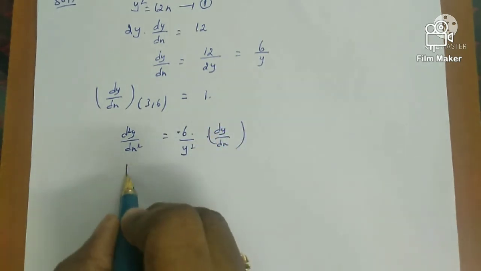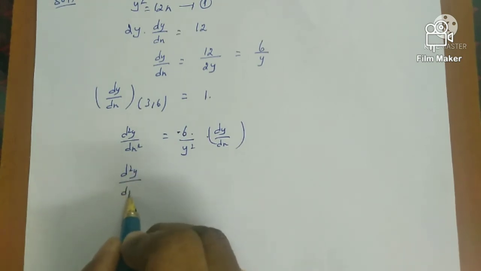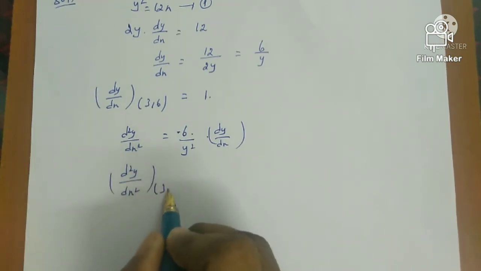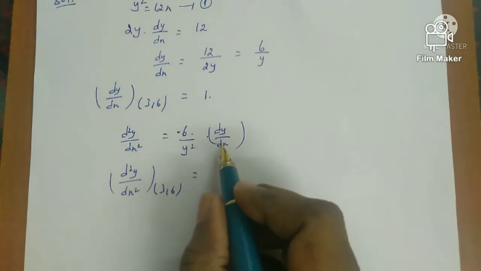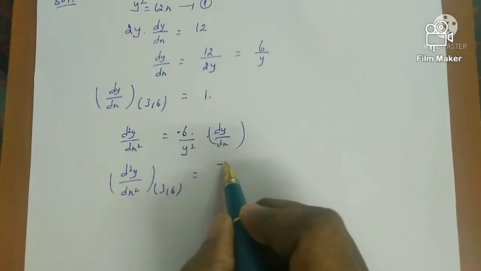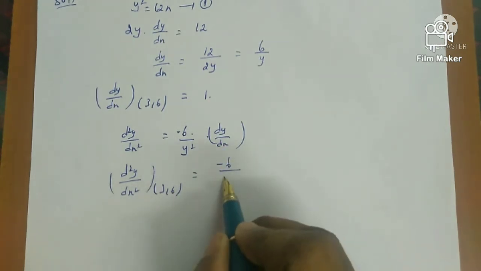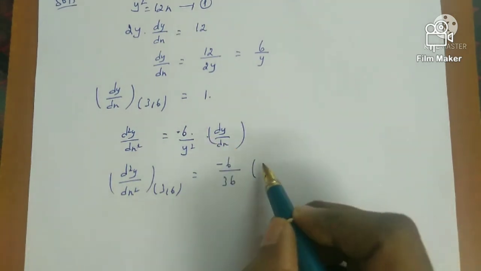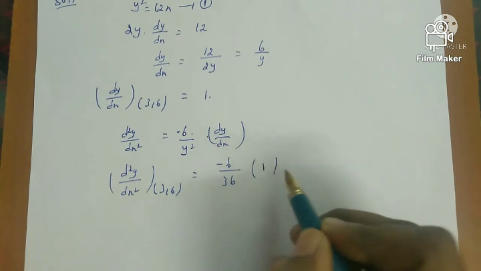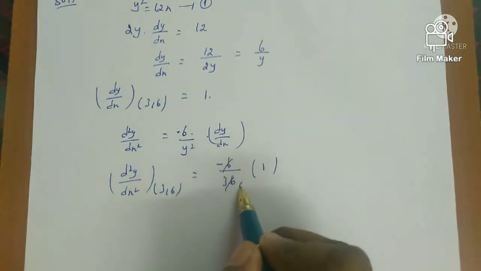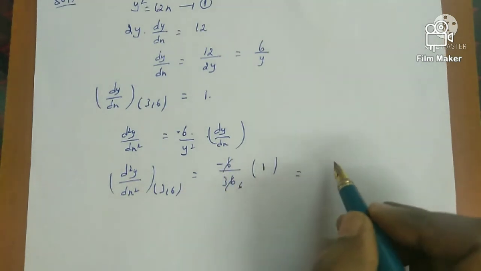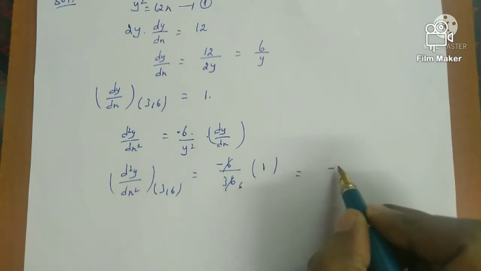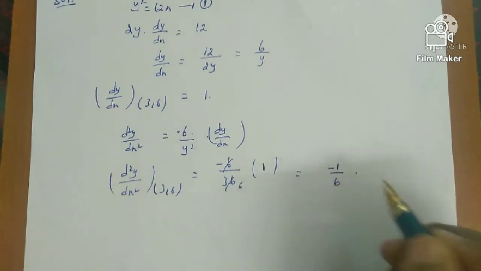So d square y by dx square at the point (3, 6), we substitute the point: minus 6 by y square, that means 6 square is 36, into dy by dx at the point (3, 6), which is 1. So we can cancel 6 times, and our d square y by dx square at the point (3, 6) is minus 1 by 6.